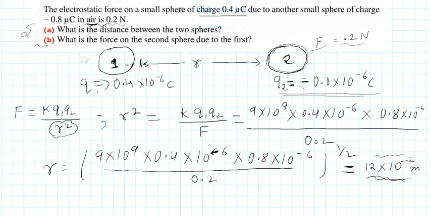According to Newton's third law of motion, this second sphere will experience the same force, meaning 0.2 Newton due to the first sphere. So the answer will be 0.2 Newton, and the distance answer will be 12 into 10 the power minus 2 meter.